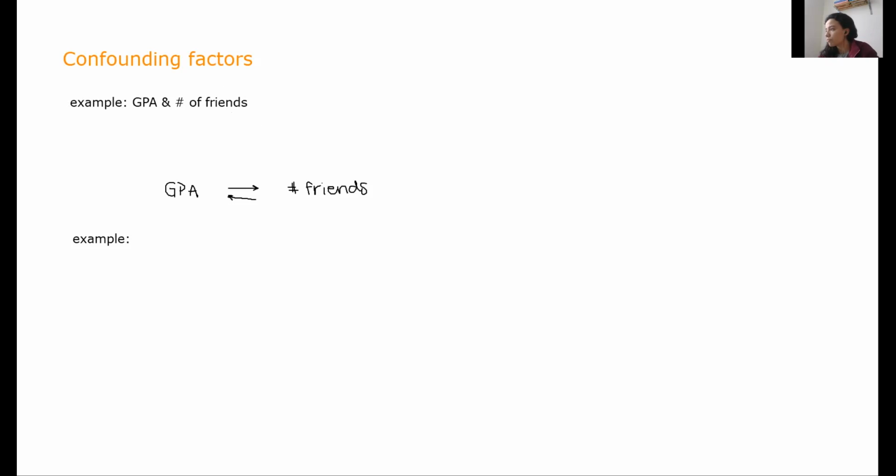And that variable that I proposed, which is not necessarily the one that is right or the only one that is right, could be confidence. Right? And what we said is confidence might cause GPA to be higher, and it might cause the number of friends to be higher.